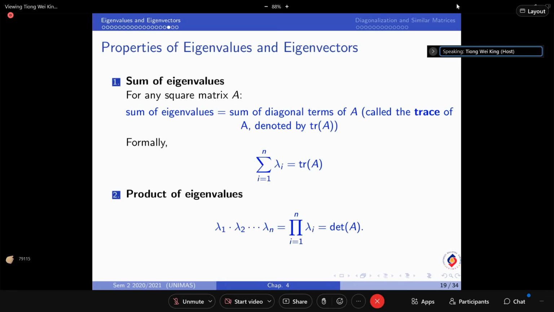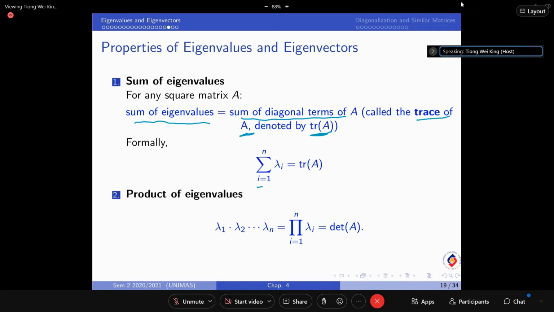Okay, next, the properties of the eigenvalues and eigenvectors. Now for any square matrix, the sum of eigenvalues is actually equal to the sum of the diagonal terms of A, and this is called the trace of A. The notation is tr(A).